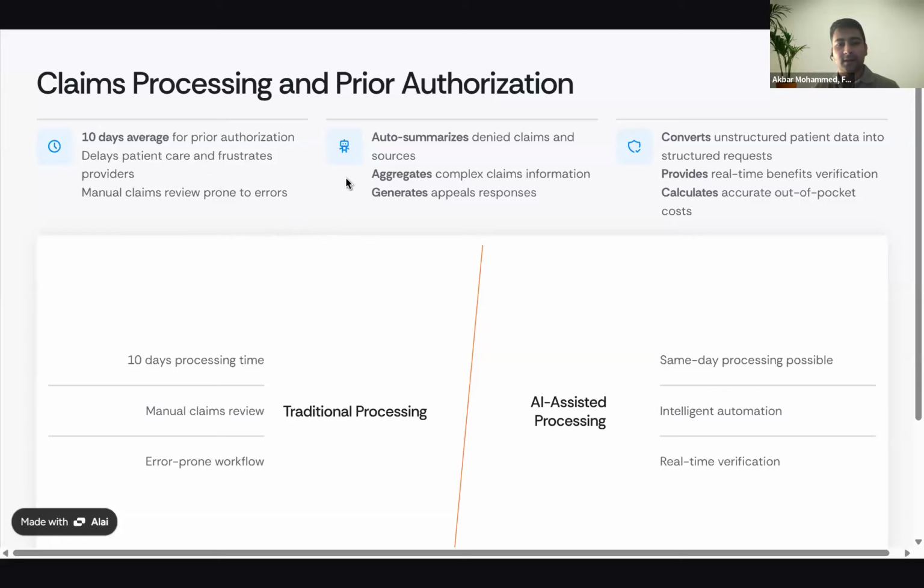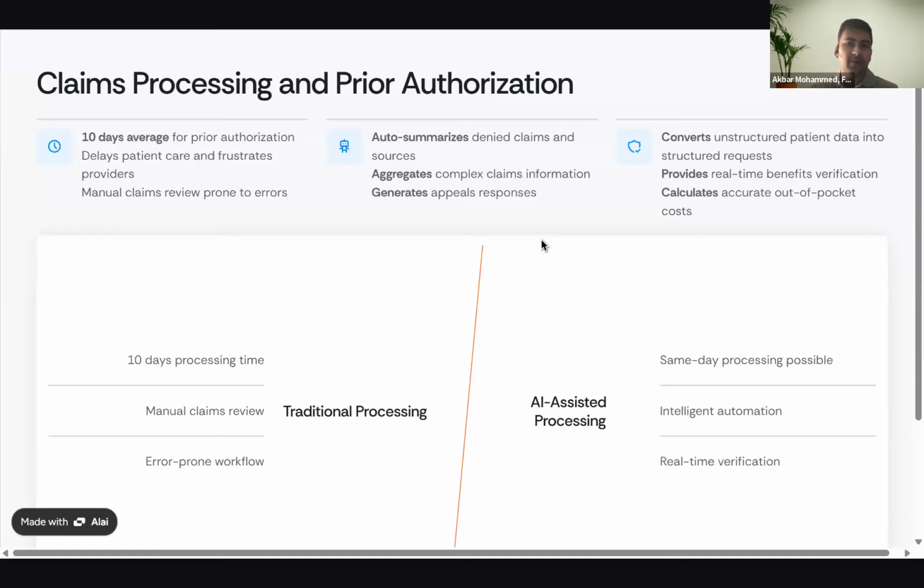And instead of those manual reviews, we have AI analyzing those claims, and it can assess everything that the clinical facility has provided and immediately authorize you. Instead of taking 10 days, it can happen within the same day. And you just take a picture of what the hospital or the clinician has provided you, send it for claims processing, and the AI analyzes those documents.